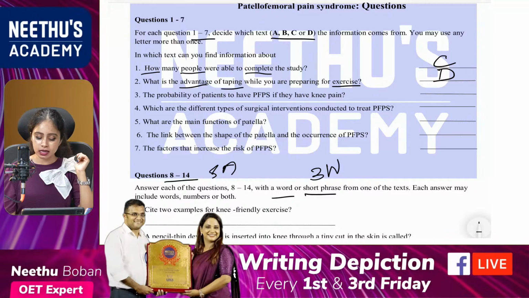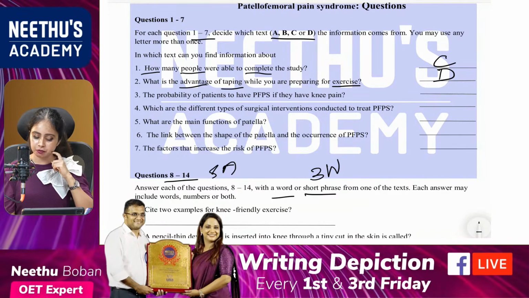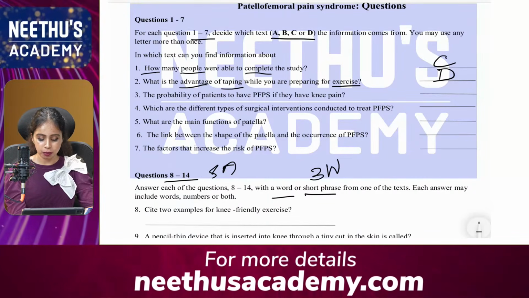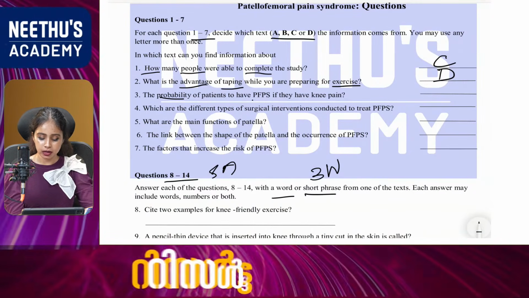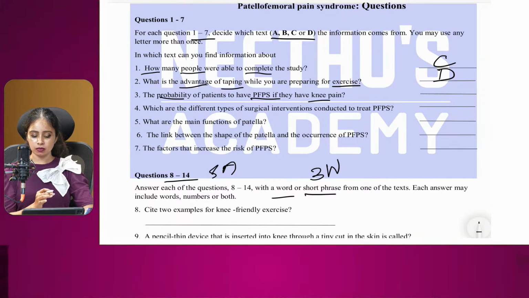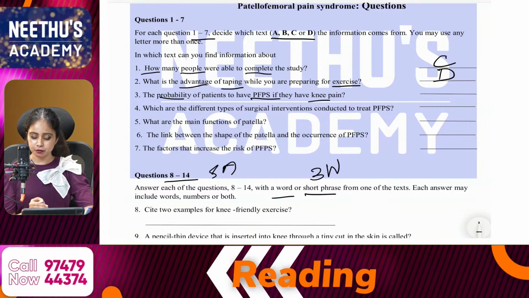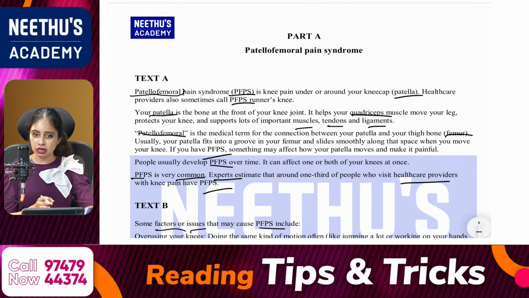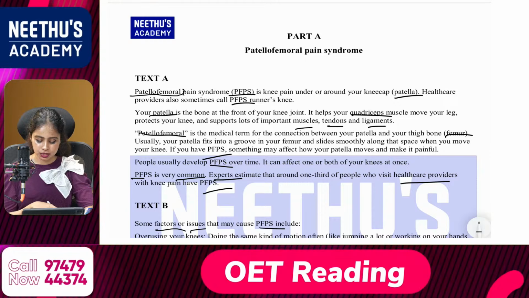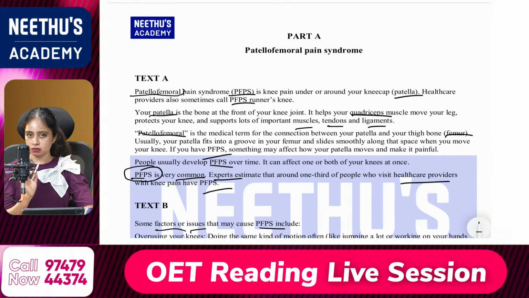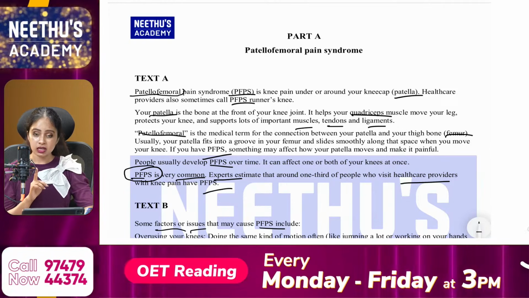The probability of patients to have PFPS if they have knee pain. So probability, PFPS, knee pain. These are my keywords, which are mentioned in text A. As you can see here, see the last line, PFPS, that is one of our keywords.